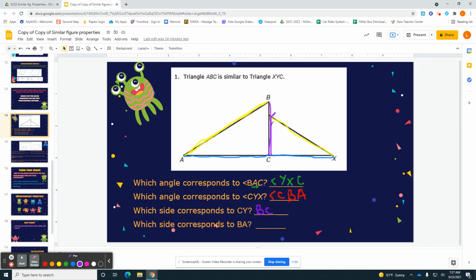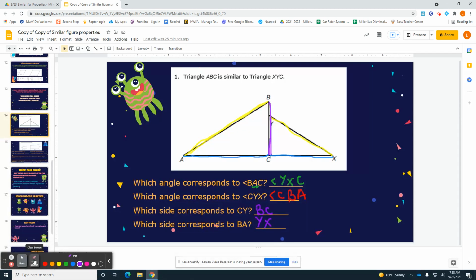They're back to back, so they share that part of that line. But, okay, so which side corresponds to BA? So you should know this by looking at your colors. So go ahead and fill that in. Okay, and if you said that line YX corresponds to BA, you are absolutely correct.